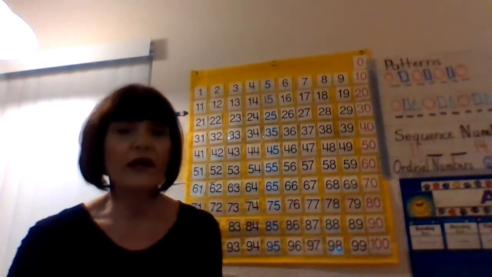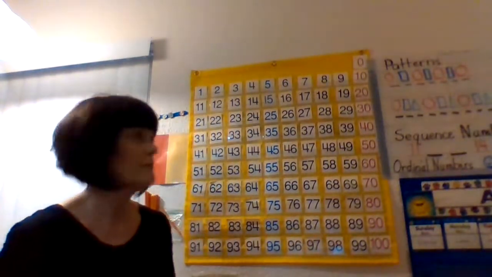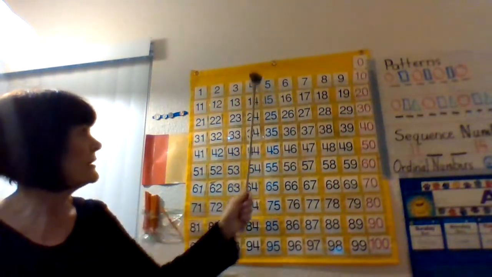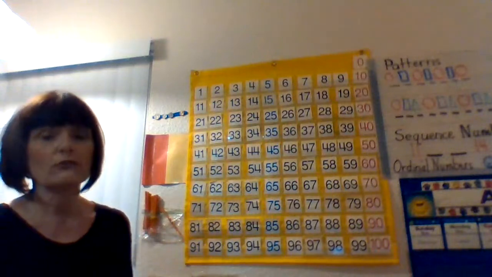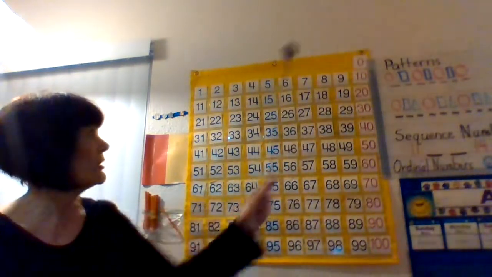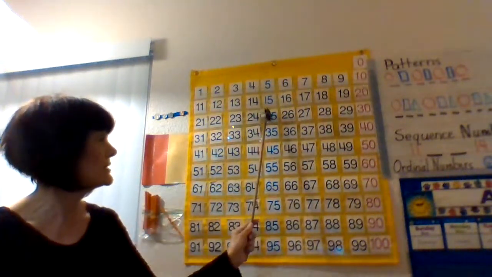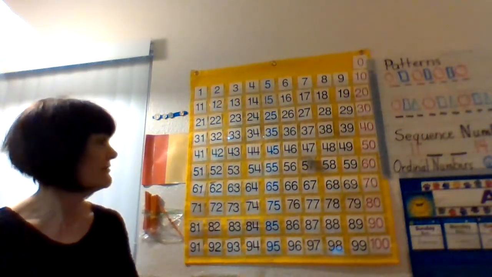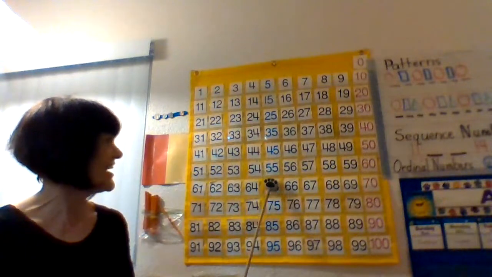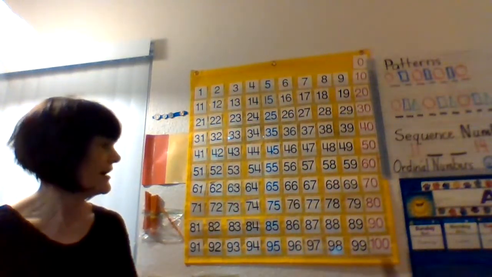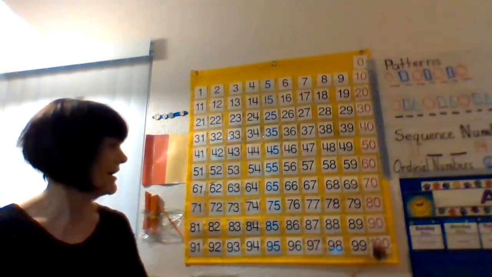Let's count by fives. Okay, I have a pattern on my number grid that shows blue, red, blue, red. But we're going to start with 0 first. Ready? 0, 5, 10, 15, 20, 25, 30, 35, 40, 45, 50, 55, 60, 65, 70, 75, 80, 85, 90, 95, 100.